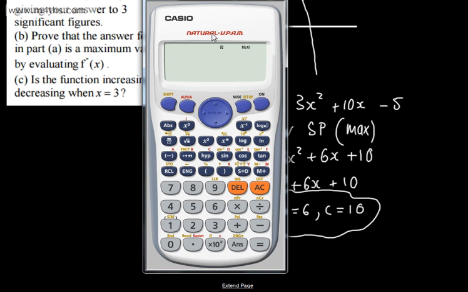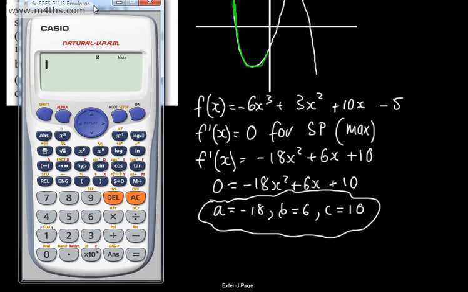So in my calculator now, let's go ahead and look at that. Now we're going to get two values to this. One of them will correspond to this minimum point just here, so it'll be the x-coordinate of the minimum. We want the value that's going to be greater than 0.